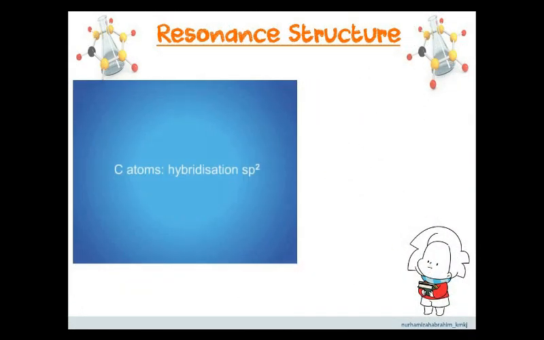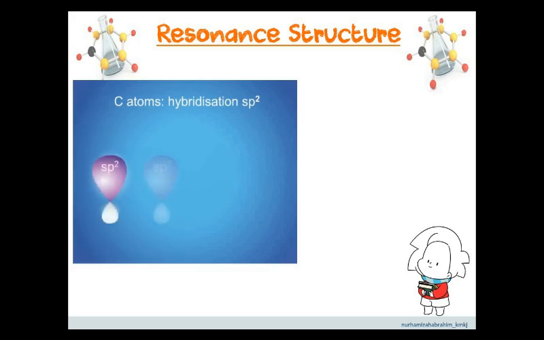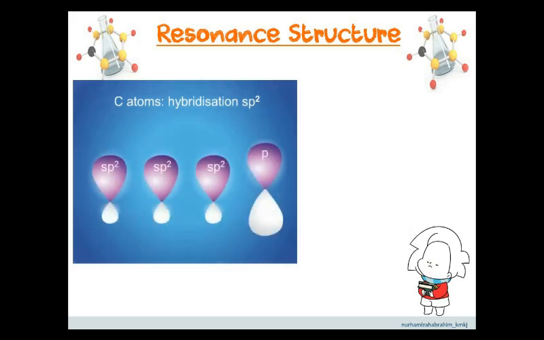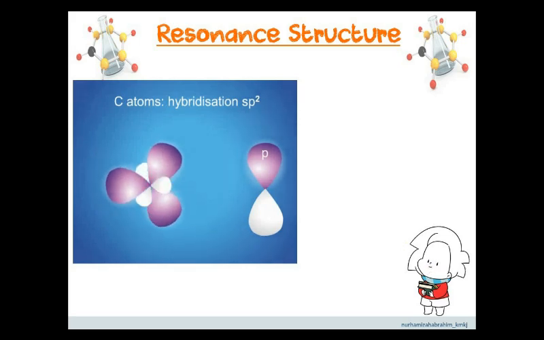All 6 carbon atoms are sp2 hybridized. In this type of hybridization, 3 sp2 hybrid orbitals and 1 unhybridized p orbital are formed. You may remember that 3 sp2 orbitals will be oriented at 120 degrees with respect to each other, forming a planar triangular arrangement.